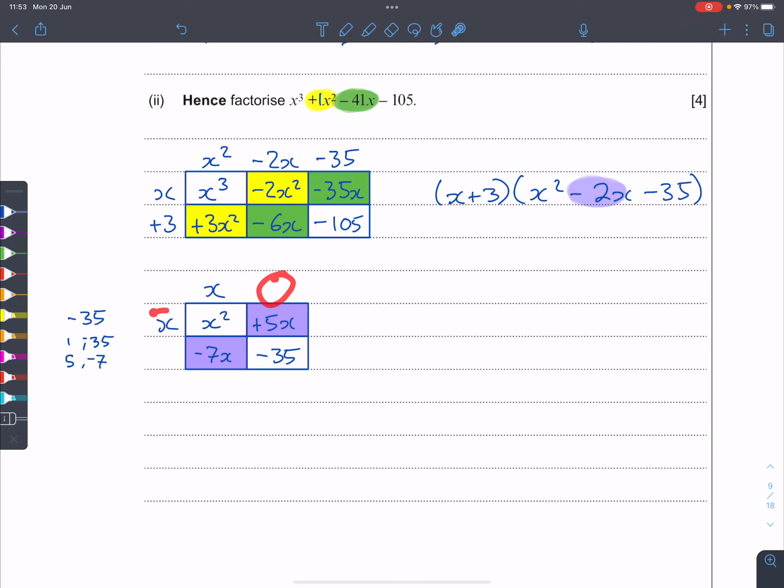I can fill in this value as well because x times something is 5x, that's going to be plus 5. I can also work out this one: something times x is negative 7x, so it's going to be negative 7. So we now end up with x plus 3 multiplied by x minus 7, x plus 5. And that's it, fully factorized.